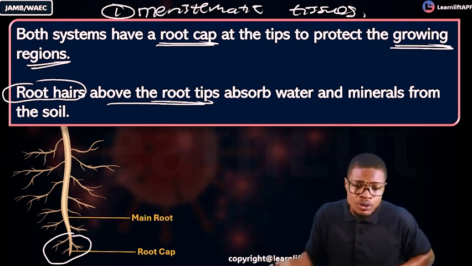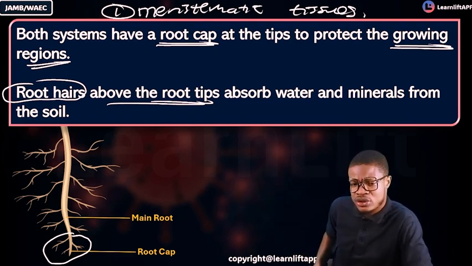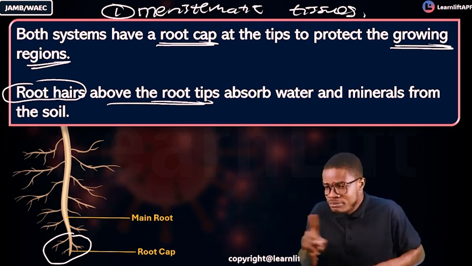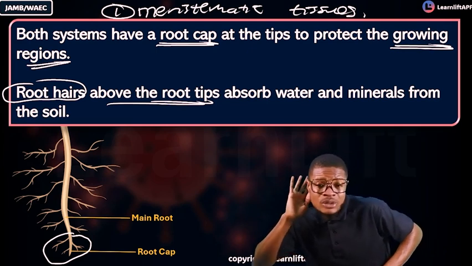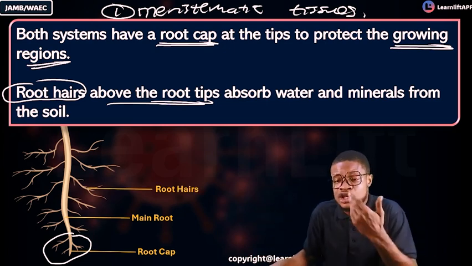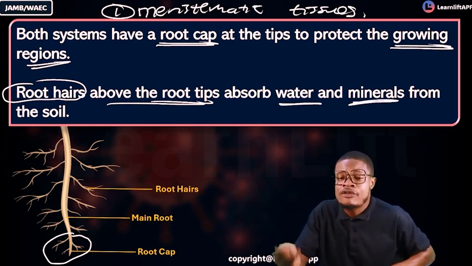Number two is your main roots, the main root that will go down into the soil. Protruding from those main roots, excluding the root cap, you now see your root hairs. What are the functions of the root hairs? They absorb water and minerals from the soil.